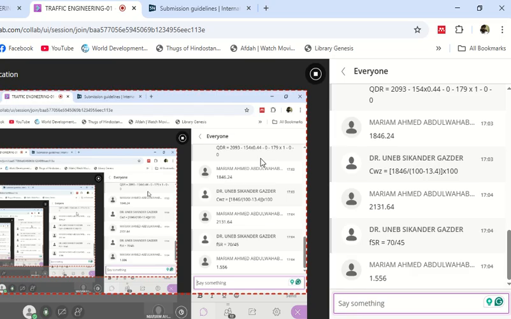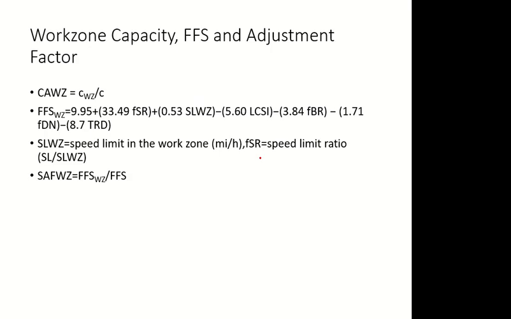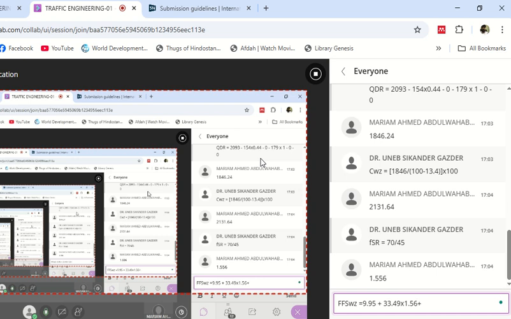Okay, so now we can find out the free flow speed of the work zone. So 9.95, 33.49 into the factor 0.53, speed limit of the work zone 45, minus 5.60.